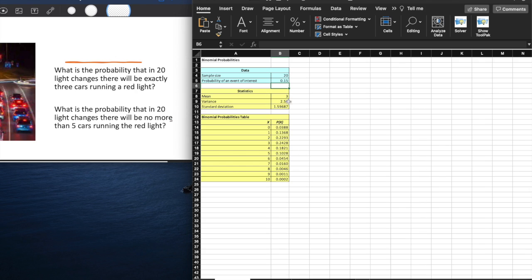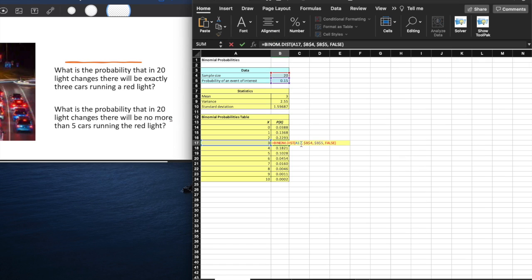So the mean here is 3 cars, and the most important part that we want to look at is the binomial probability tables. They're asking what is the probability that in 20 light changes there will be exactly 3 cars running a red light. So I'll highlight just the 3.